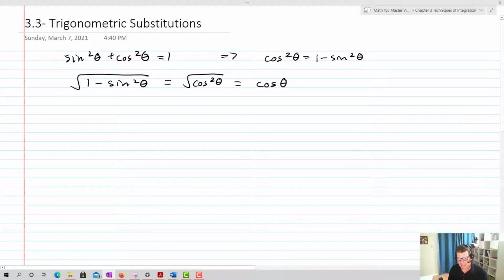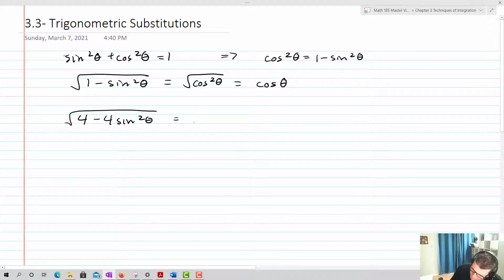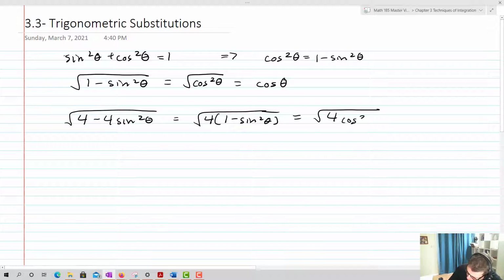In addition to that, say that instead of 1 minus sine squared theta, I had something like 4 minus 4 sine squared theta, in a square root. Well, this would be the square root of 4 times 1 minus sine squared theta, which equals the square root of 4 times cosine squared theta, which equals 2 cosine theta.